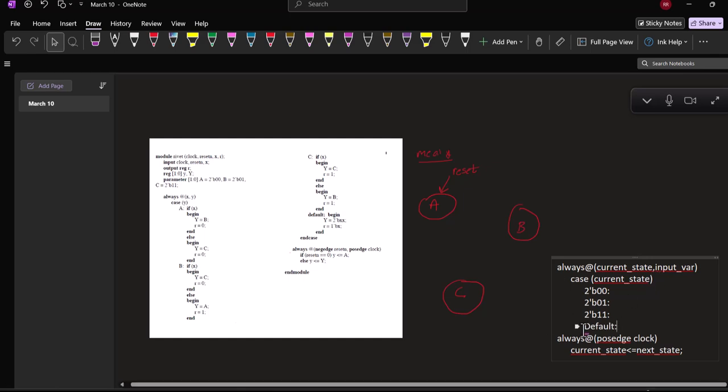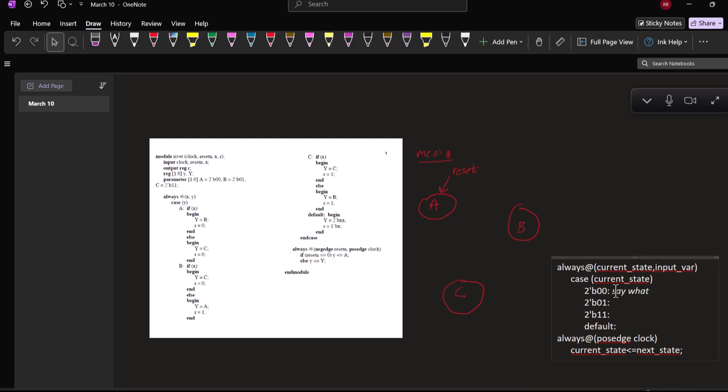And then under each of these cases, this is going to be where you say what the next state is, and maybe output.